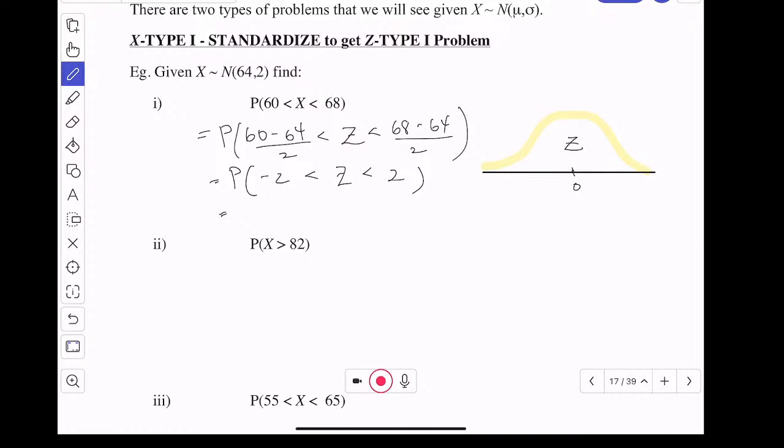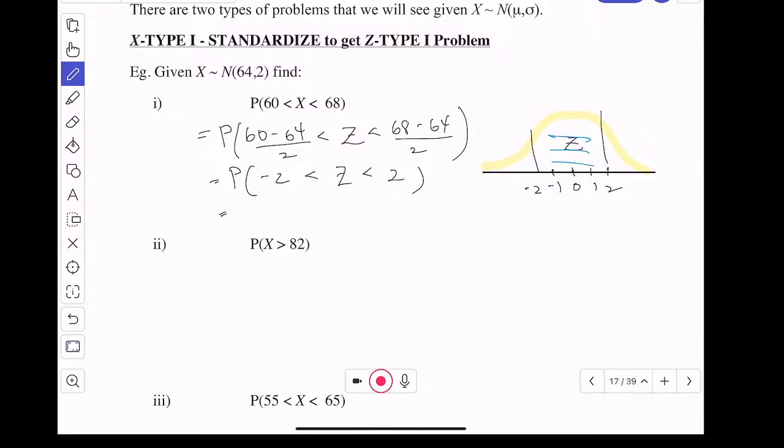I'm always going to draw the z. So you want this area.